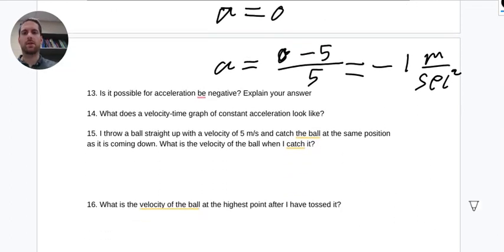All right, the velocity versus time graph of a constant acceleration is basically a straight line. So we have a v and t graph, but it's a straight line with a slope. It's going to have to look something like this.